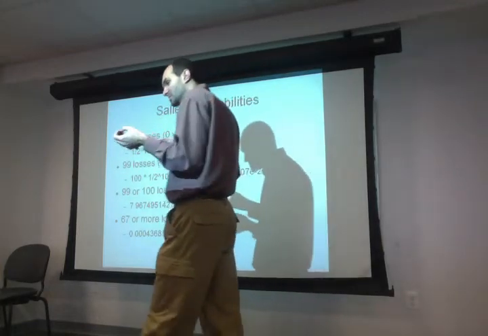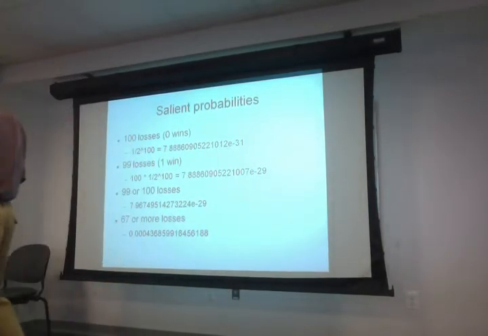Now, remember how many ways we can produce 2 wins out of 100? I believe we calculated that last time. Was it 4,950? There are 4,950 ways to pick 2 out of 100. And to pick 4 out of 100, we just calculated it to be 3.9 million.